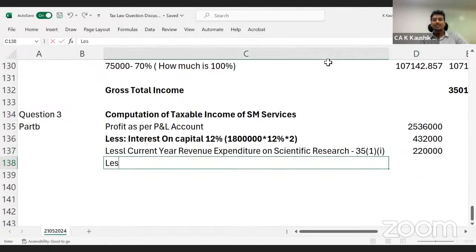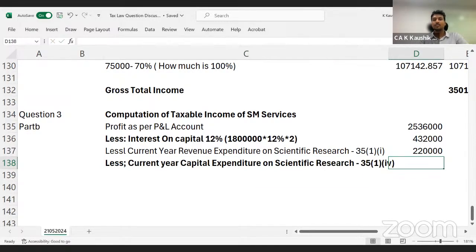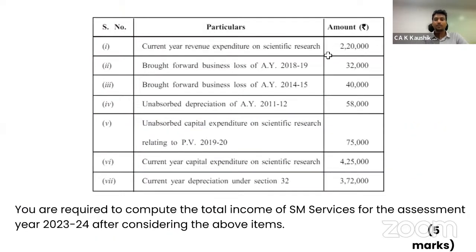After this, less current year capital expenditure, that is also allowed. Expenditure on scientific research under section 35, subsection 1, clause 4. So this is giving you 4,25,000.